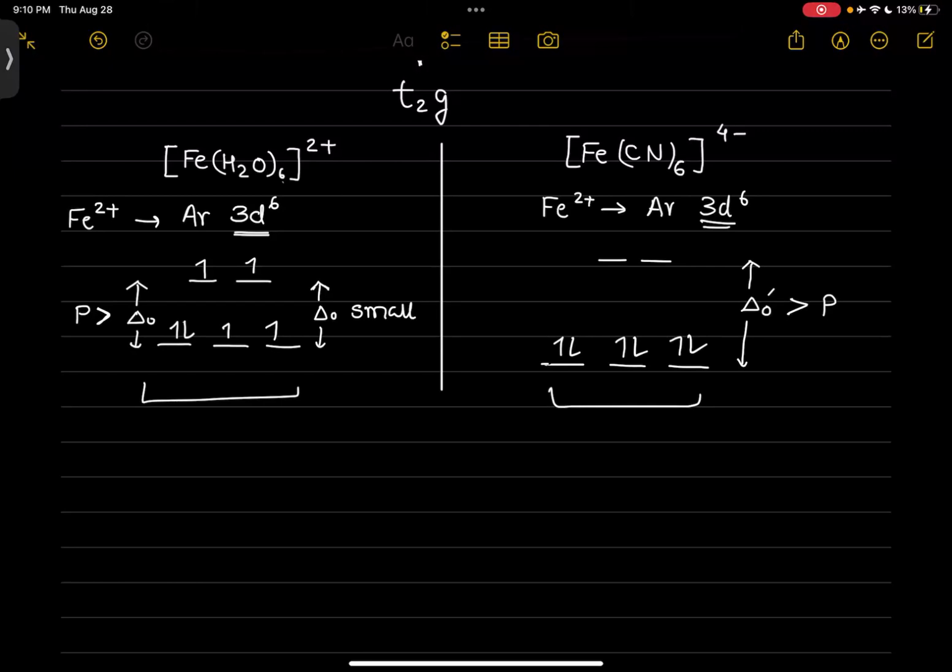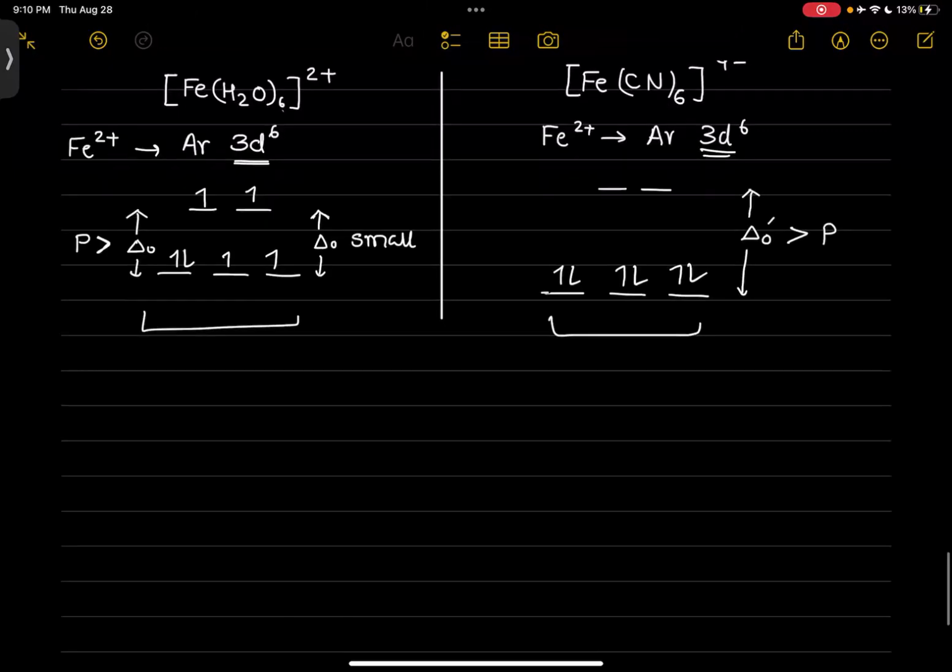Is it clear? This is helping us understand the actual reason behind the pairing of electrons. Got it? This electronic configuration, I can write as T2G 4 and EG 2.